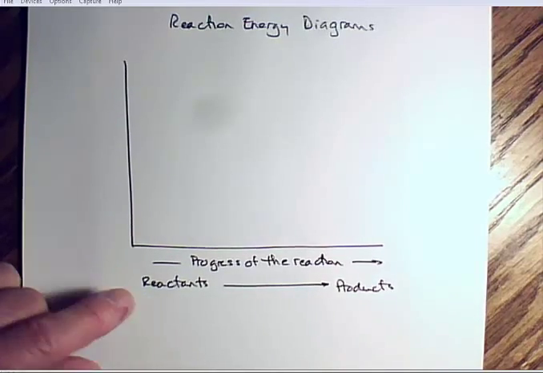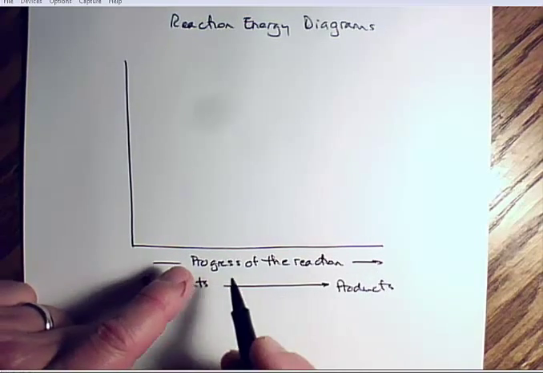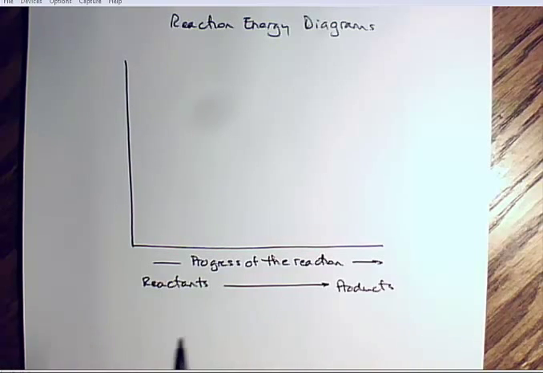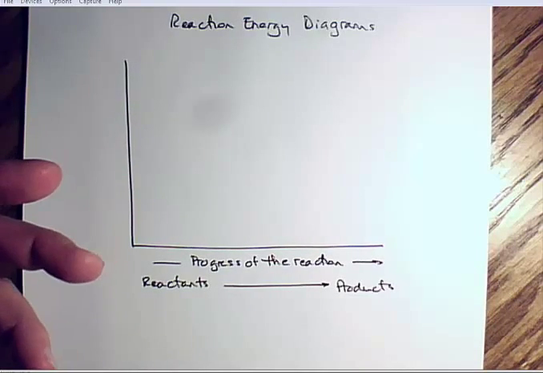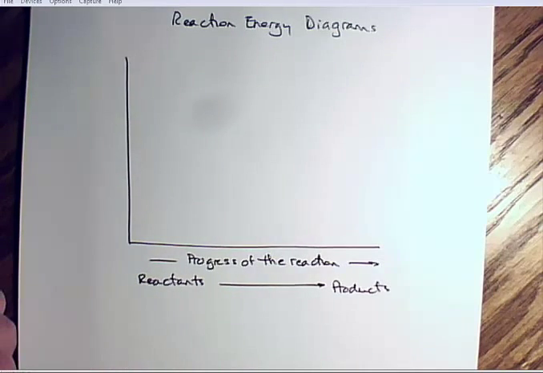Okay? Does that make sense? So when I say progress of the reaction, this works or this works down here because they mean the same thing. But you have to know that's what we're talking about here. We're talking about going from reactants to products, and that's what we mean by the progress of the reaction.